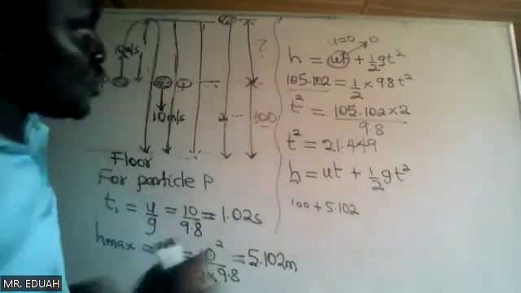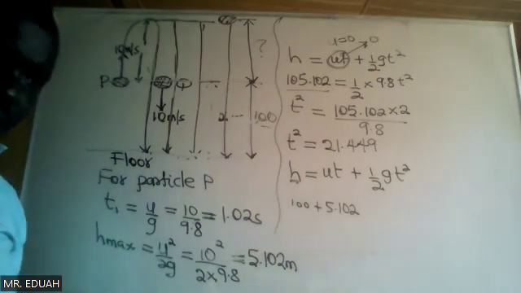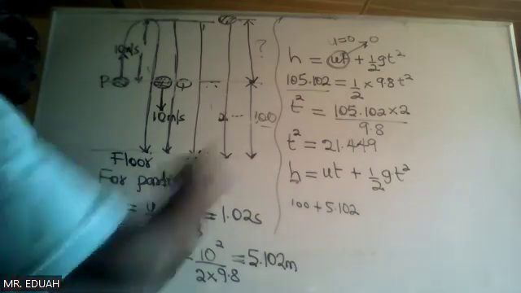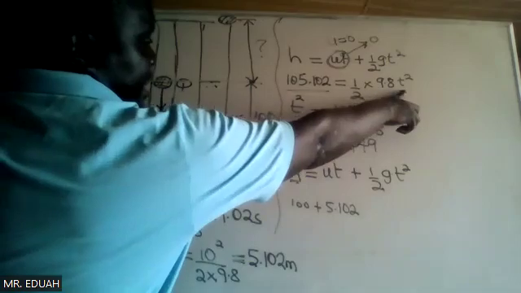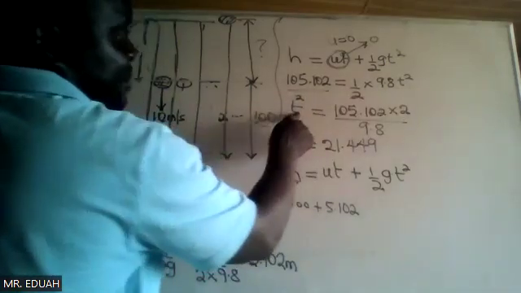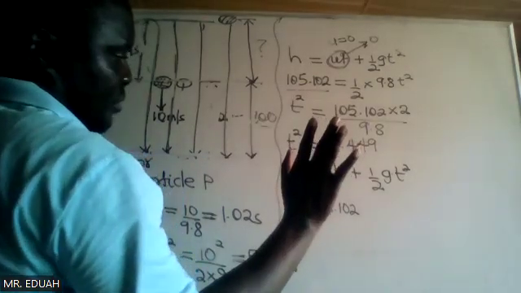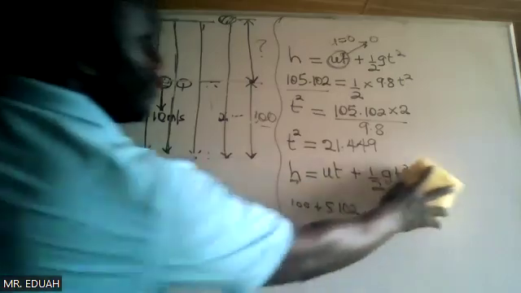So all I need, knowing h and having g, is t. So I simply made t squared the subject. I hope you are fine now.